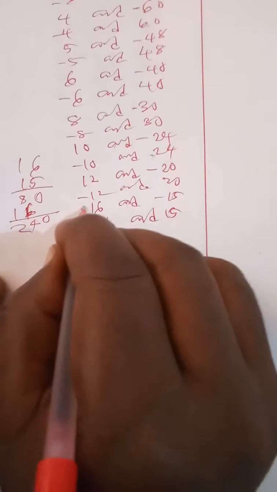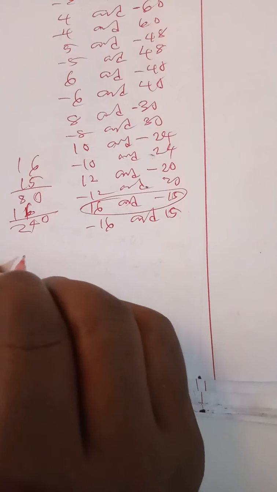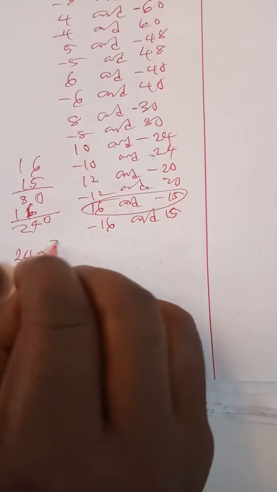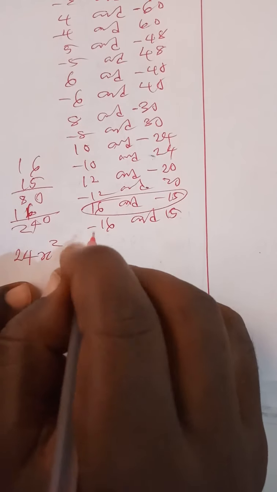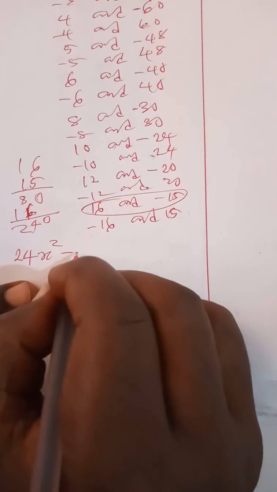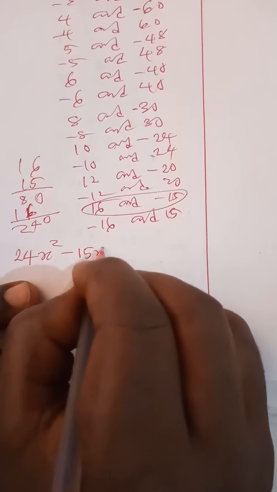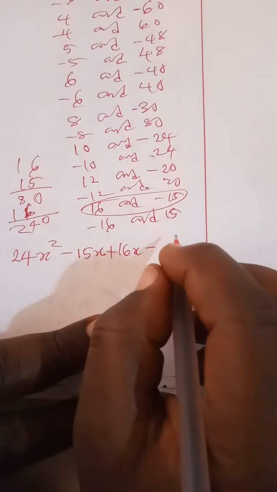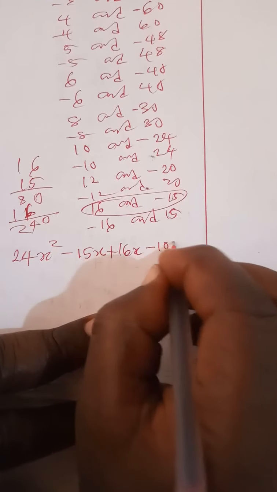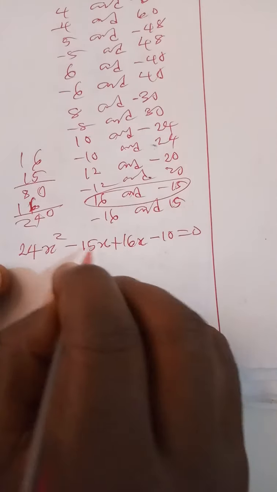Okay, so I can take this one, 16 and 15 will fit in perfectly. So that means that we can write 2x squared minus 15x plus 16x minus 10 is equal to 0. So we can factor out something.